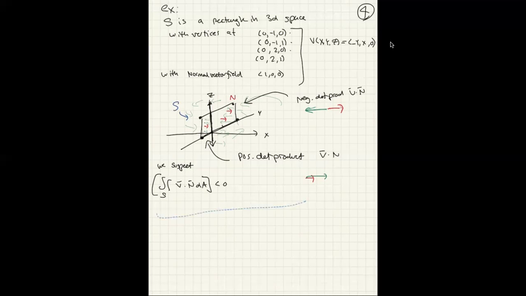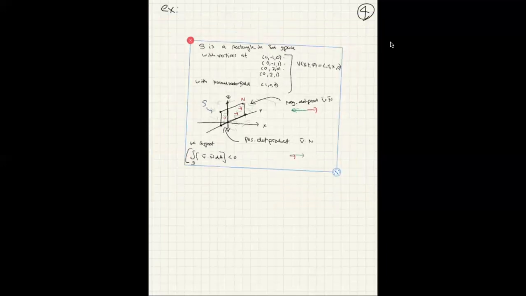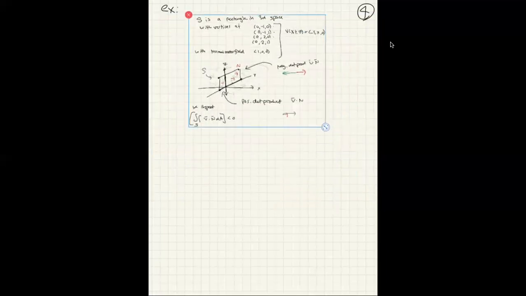Okay, so let's compute. Let's actually compute. I need to parameterize this thing. And if you notice, this is a parallelogram. The surface is a parallelogram, and you can always parameterize a parallelogram like a point plus 2 displacement vectors.